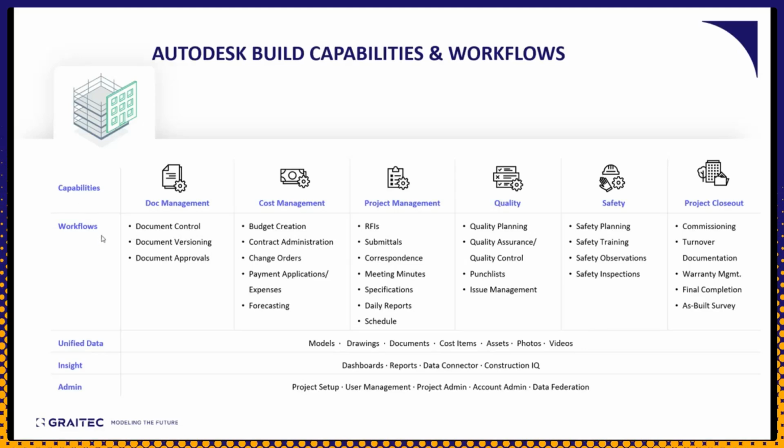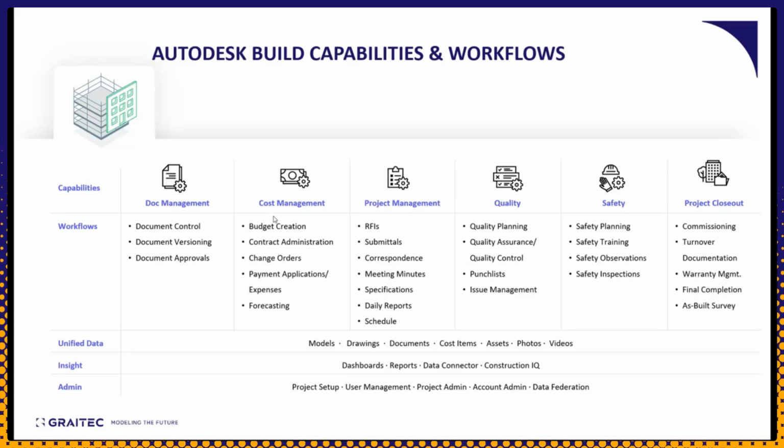First, we have document management like we've seen quickly earlier with files. This is where you can manage your document control, versioning, and approval, and essentially upload, publish, and view any type of document in your project.